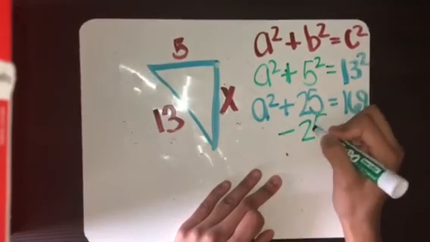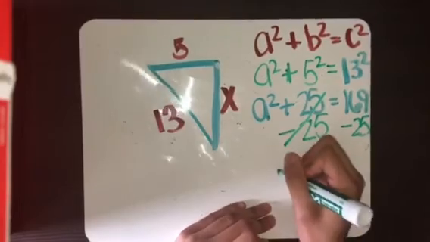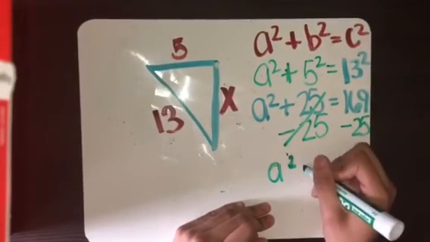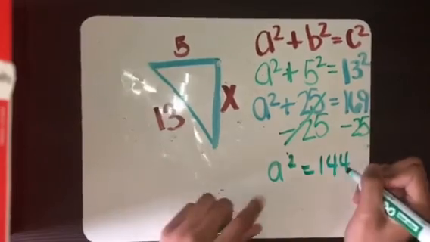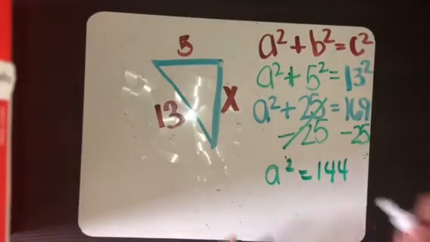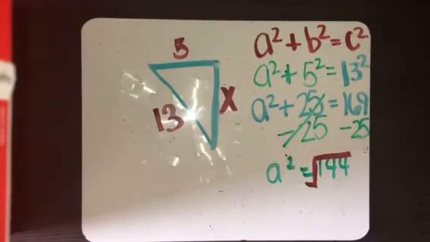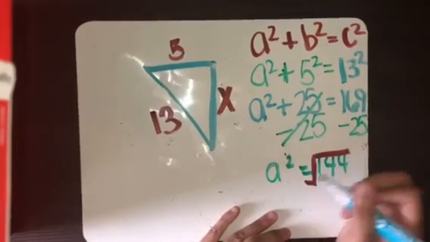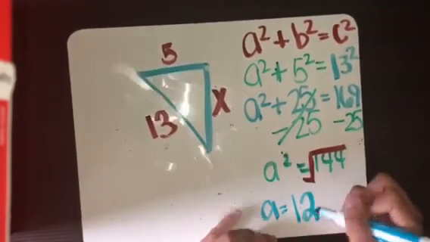Subtracting 25. So I'll subtract 25 from both sides. I'll be left with A squared is equal to 144. To take off that square, I need to square root it. So I know A equals 12, because 12 is the square root of 144. So A equals 12.